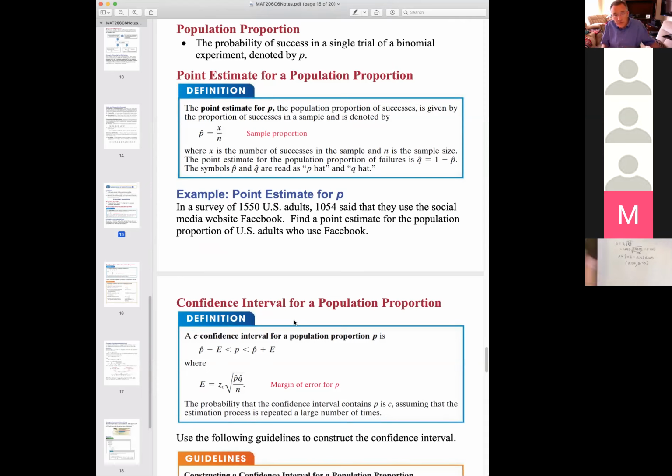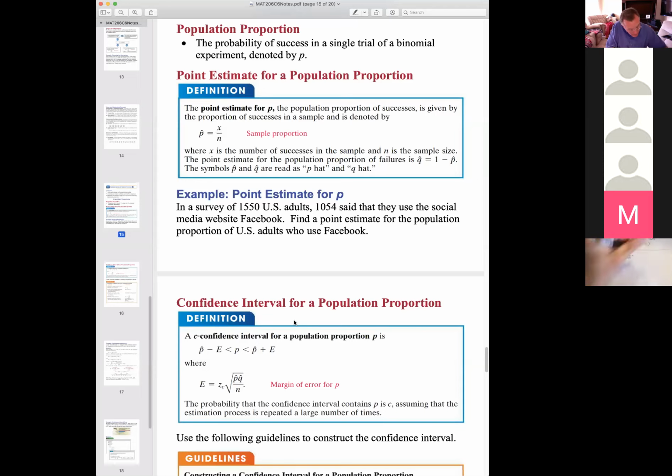In other words, you would just take the 1,054 that said yes and divide by the 1,550 that you surveyed, and you'd end up with 68%.